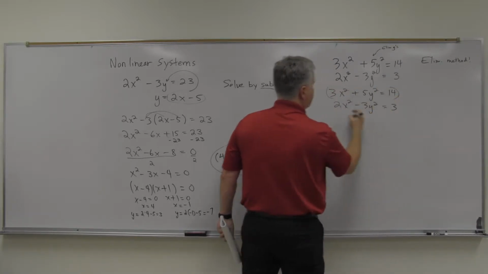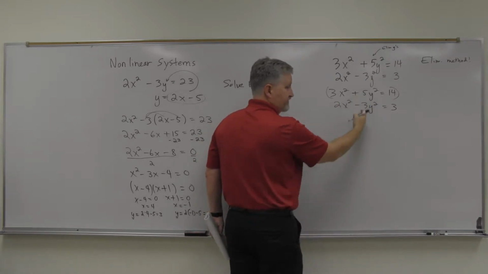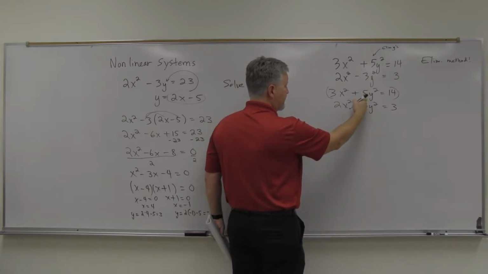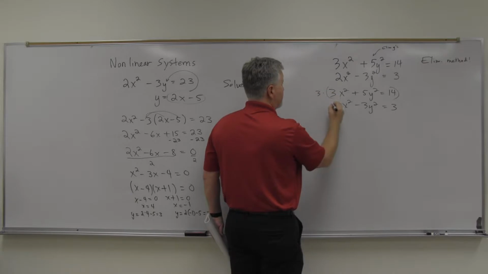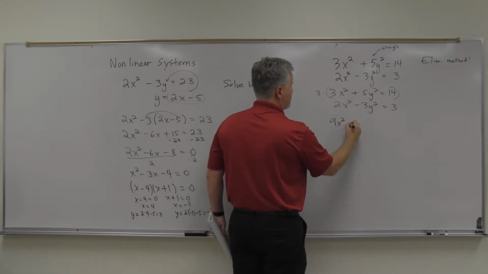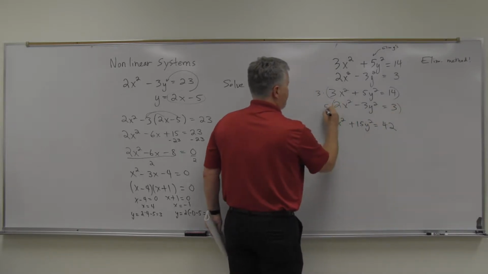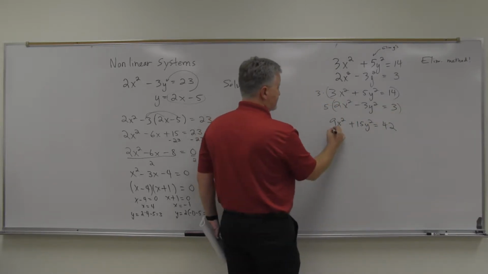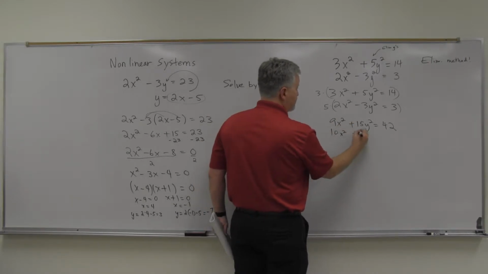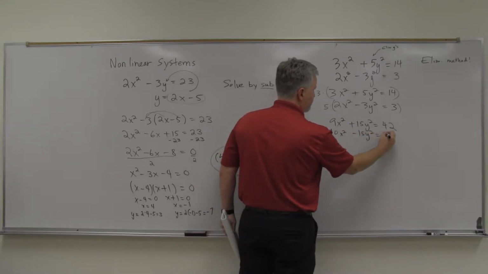So the top equation, I would need to make them both 15. So I'd multiply the top equation by 3, make it 9x squared plus 15y squared is 42. And then the bottom equation multiplied by 5, make it 10x squared minus 15y squared equals 15.